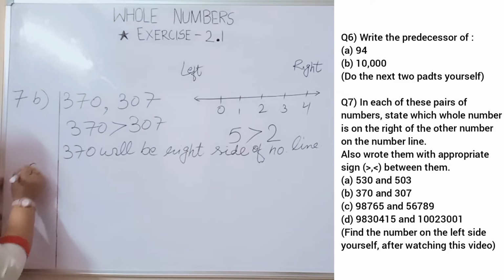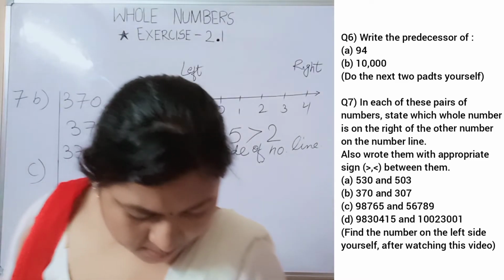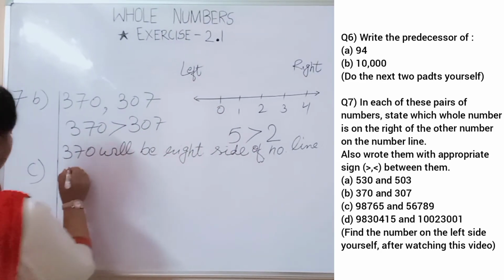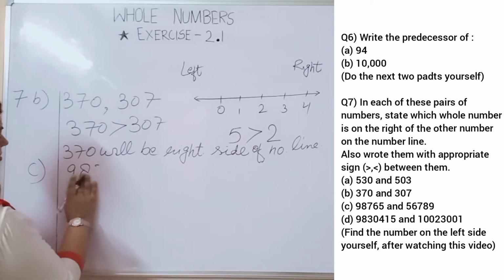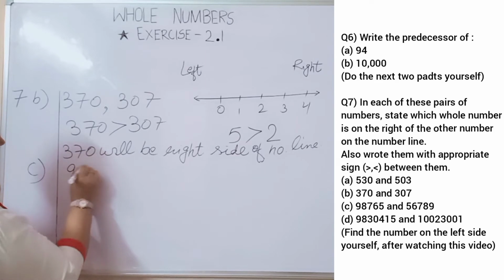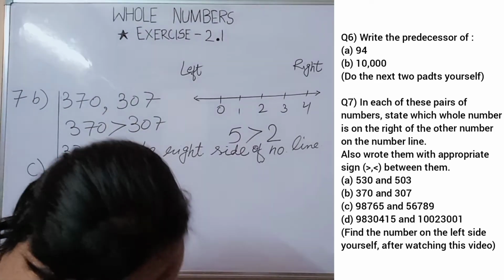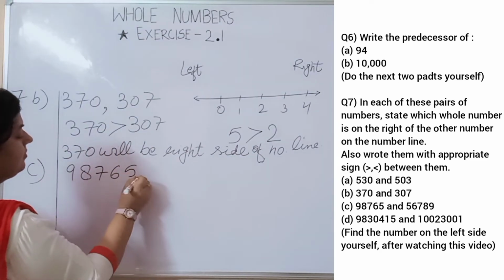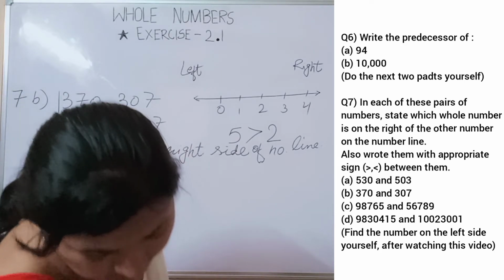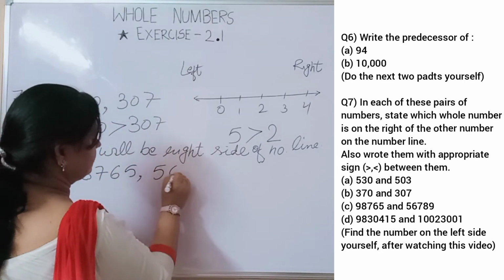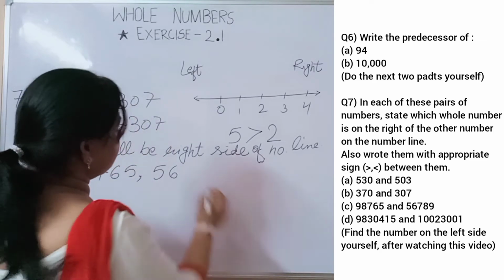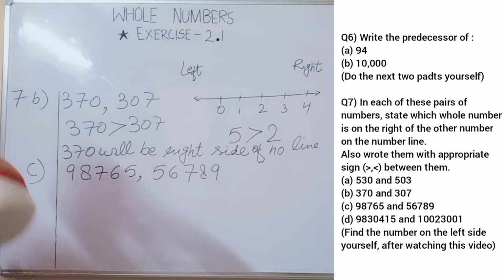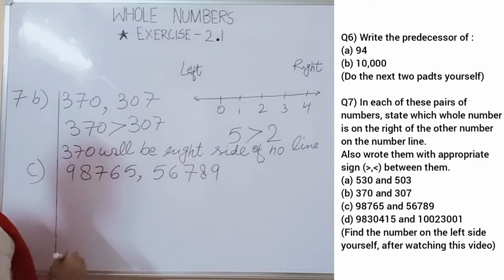C part. 98,765 comma 56,789. Again this is greater than the second number.